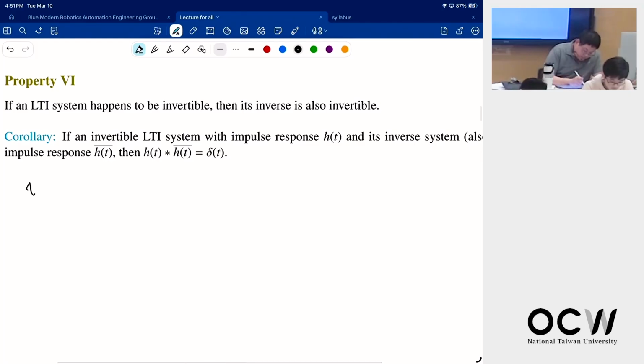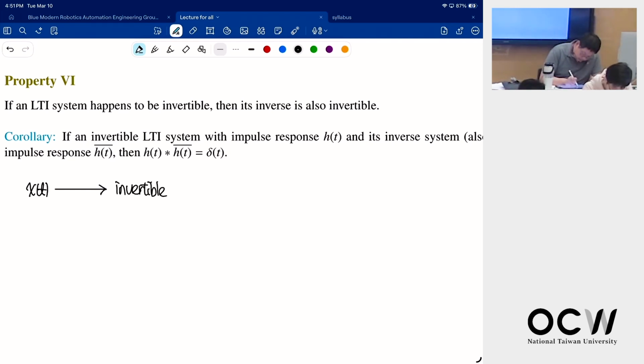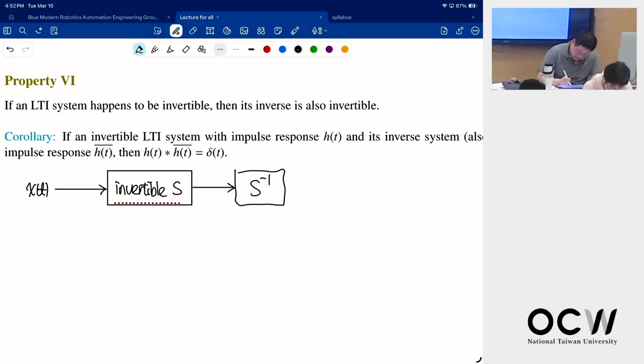Suppose the x, I send it to an invertible system, and then send it to the inverse system. Then you'll get your x original signal back.